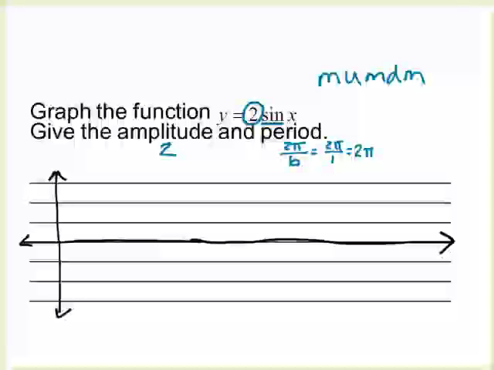Here's where I'm going to be very specific about the way we measure our graphs. How big is pi? What is pi? 3.14159, right? Pretty close to 3. Pi is right about around 3, if we're going to be a little approximate here.